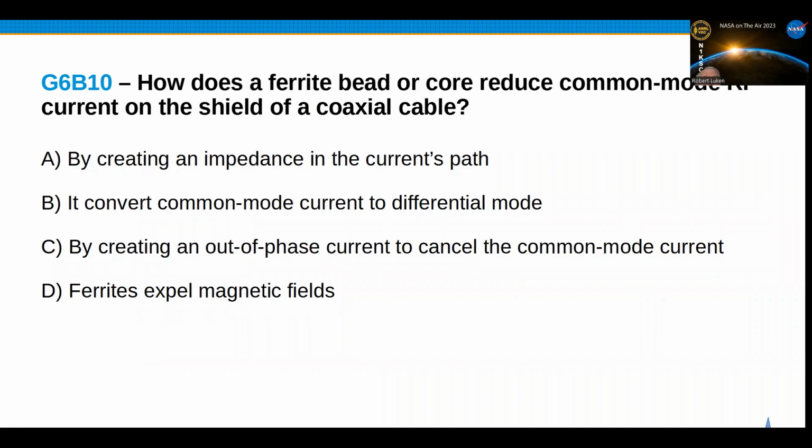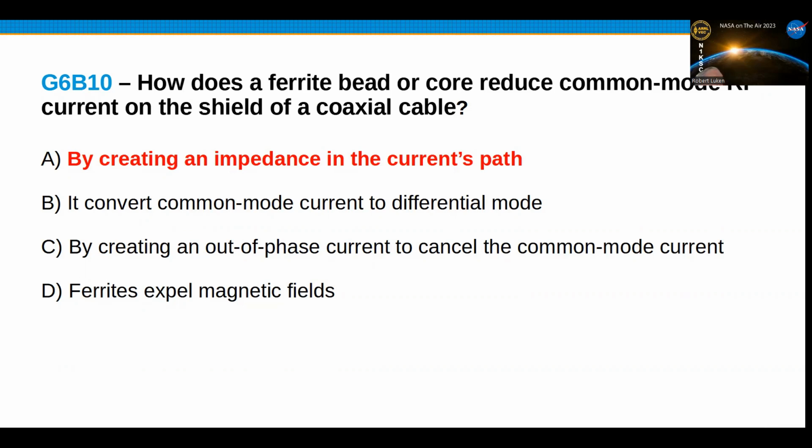So how does a ferrite bead or core reduce common mode RF current on the shield of a coaxial cable? It's like putting an inductor in series, essentially, is what you're doing.